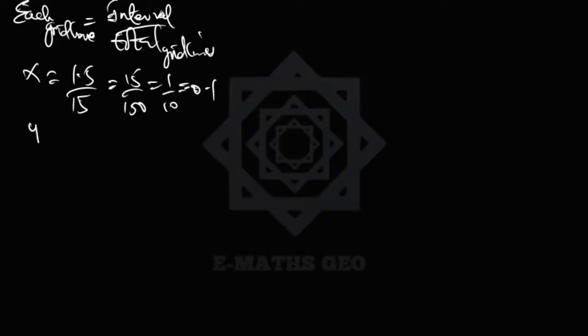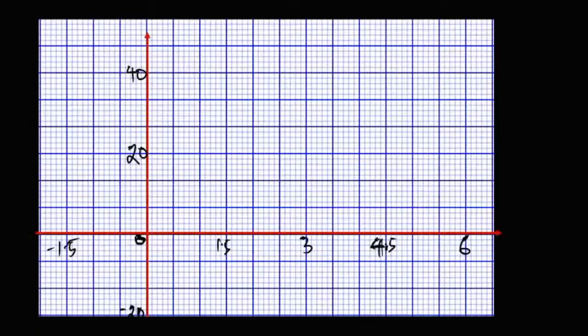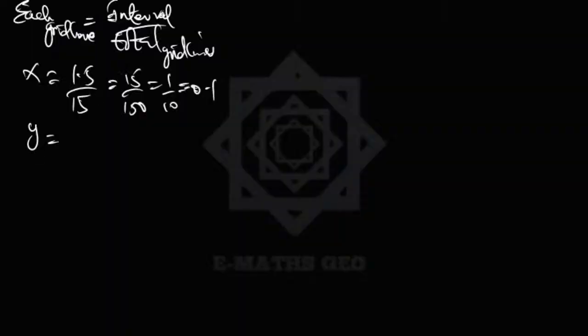For y, you are moving at an interval of 20. And how many grid lines? 5 times 15, so 20 over 15. This is 4 over 3, meaning 1.3333. So each grid line for x is 0.1, for y is 4 over 3 or 1.33.